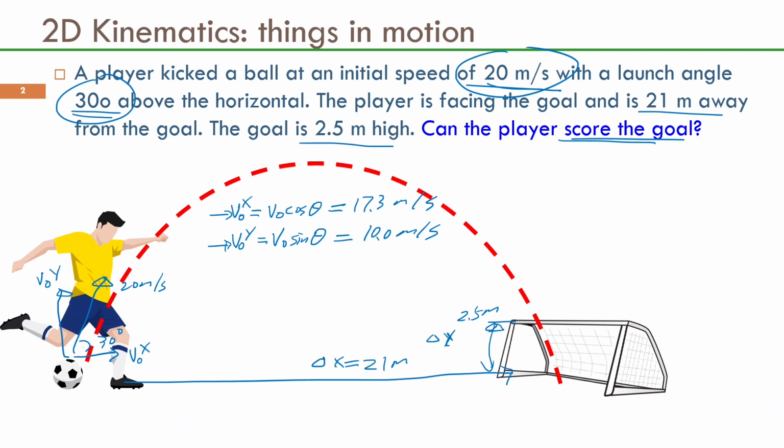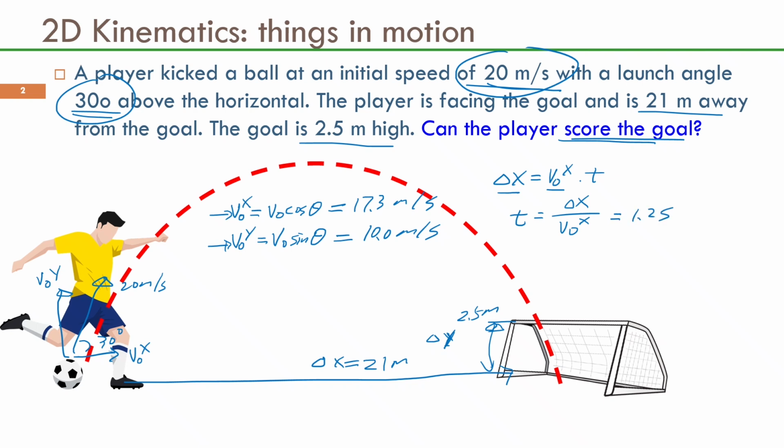The horizontal motion is much easier because along the horizontal direction it's constant velocity. In other words, delta x equals v0x times t. Because we know the initial horizontal velocity and the horizontal displacement, we can find the time. So the time equals delta x divided by v0x. And after calculation, we get 1.2 seconds.